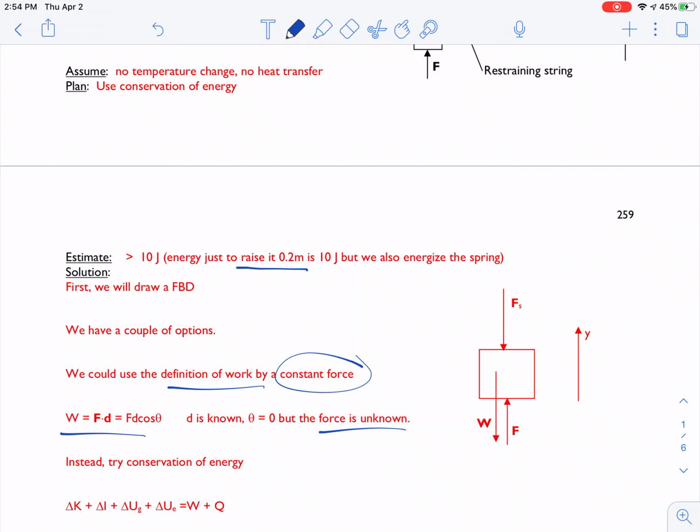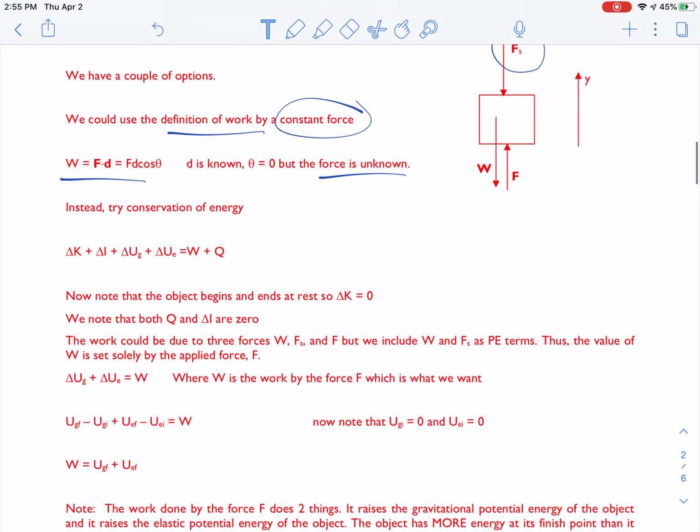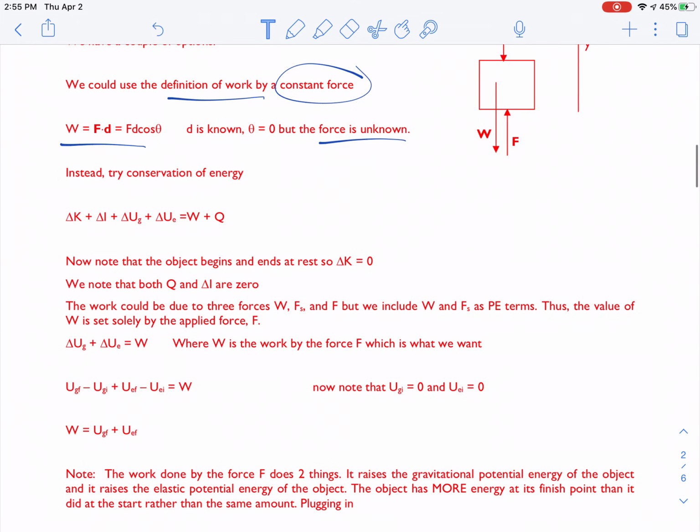And also, F shouldn't be a constant force because Fs is variable. Although the weight force is constant, as the compression changes, x or y in this case since it's vertical, F will take different values. So it's also a variable force, and we have no idea what it is. So instead, we will be using conservation of energy.